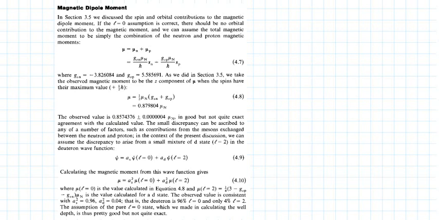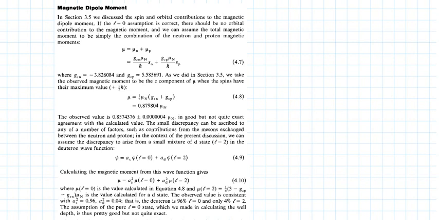This small discrepancy can be because of the initial assumption that there is no orbital contribution to the magnetic moment, that is, because we took L equal to 0. If we consider that the state of a deuteron is a mixture of L equal to 0 and L equal to 2 states, then the orbital angular momentum coming from the L equal to 2 state will also contribute to the magnetic moment, and we see that there is an agreement in the magnetic moment values.